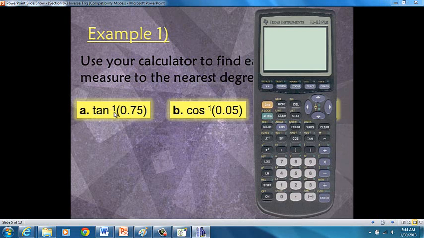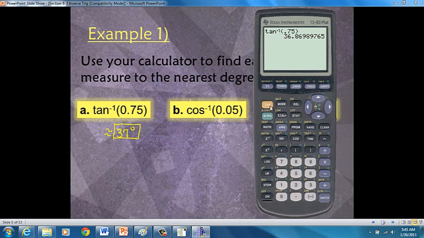I'm going to hit second tangent 0.75, and get 36.869. We want our answer to the nearest degree, so the angle would be approximately 37 degrees.